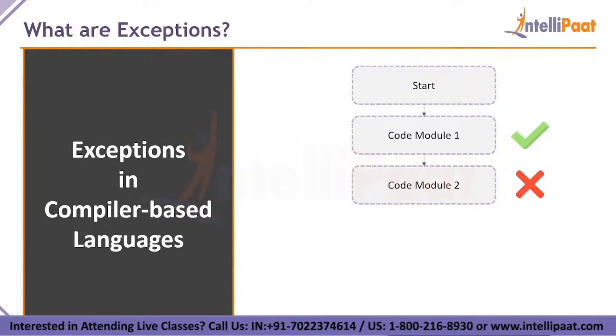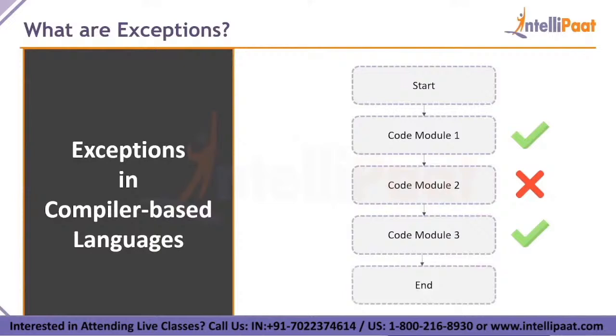Simply go and fix that. But it will not interrupt code module 3, at least in the compiler sense. Module 3 will compile successfully, and you can even run the code and it has a chance of running successfully. So this is called compiler-based languages. For example, we can take C, C++, Java. These are compiler-based languages. All of the code is first compiled and then it is executed.